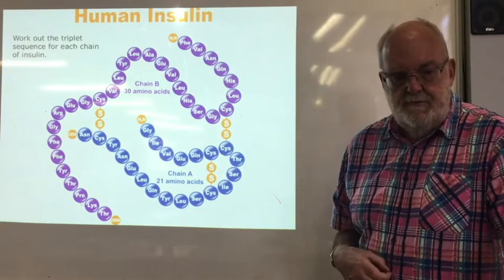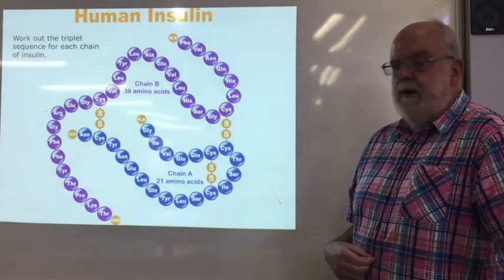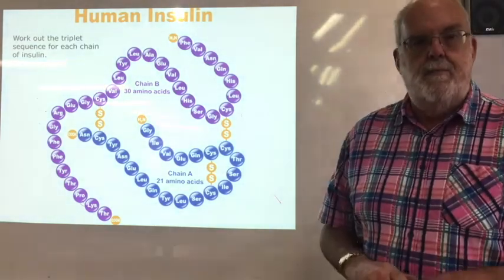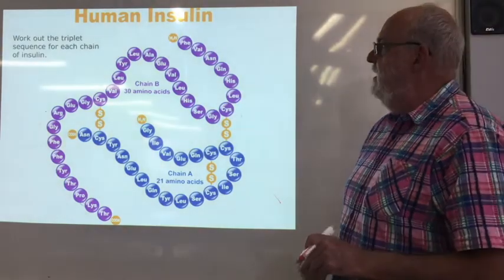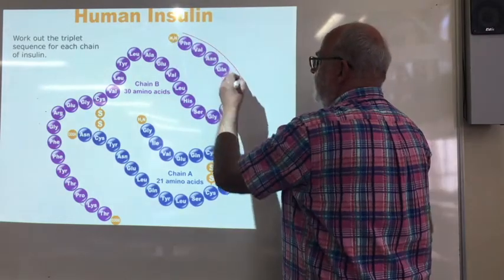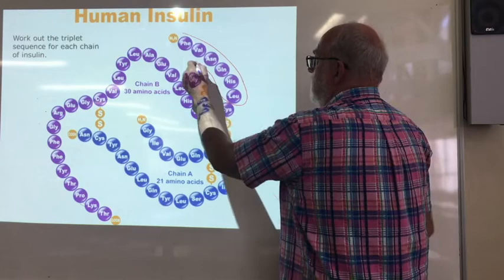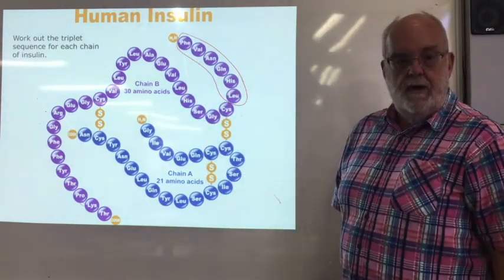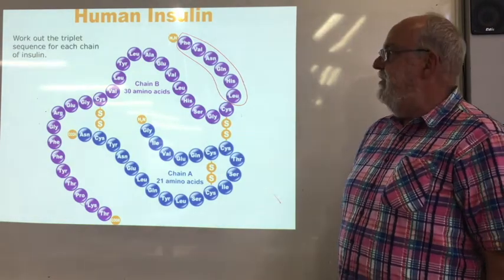Here's a molecule of insulin. What I would like you to do as an exercise to go with the prep that you will find on a different document is draw the first 6 amino acids there, and beside each one write the triplet code that represents it.